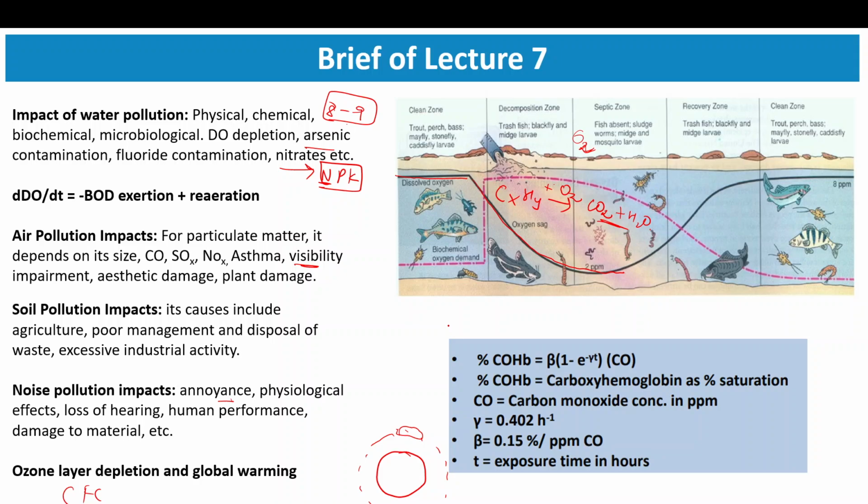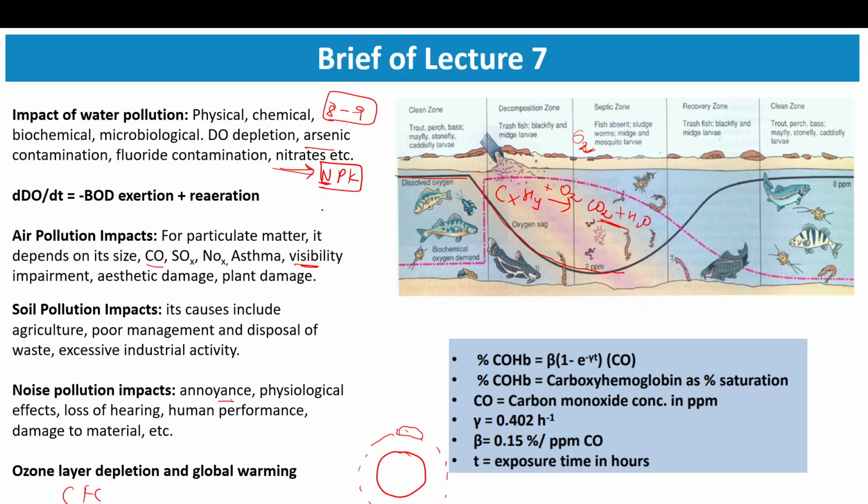Okay. Then again, if we consume carbon monoxide, then what happens? The oxygen level in our body gets affected, because the oxygen carrying capacity of the hemoglobin in blood gets affected by the presence of nitrates and by the presence of carbon monoxide in the body.